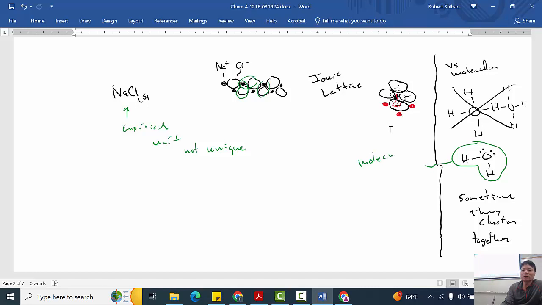And that is unique. So let's try solid sodium chloride. This is just table salt.